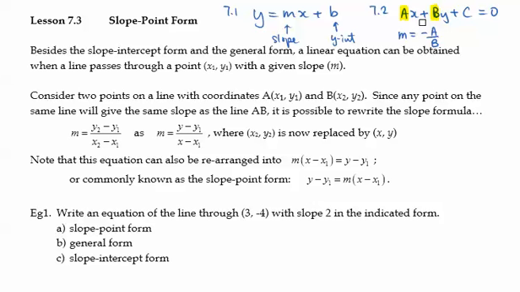There is a third form in grade 10. It is called the slope point form. When you are working with a line, besides the slope, which you definitely want to find right away, if you are given a random point on your graph, any random point on your graph, you would then be able to combine the point here, the coordinate of your point, with the slope together and create an equation.